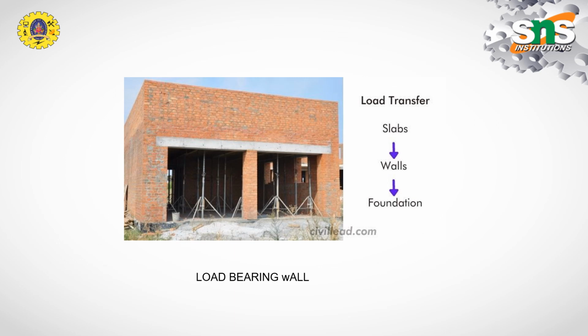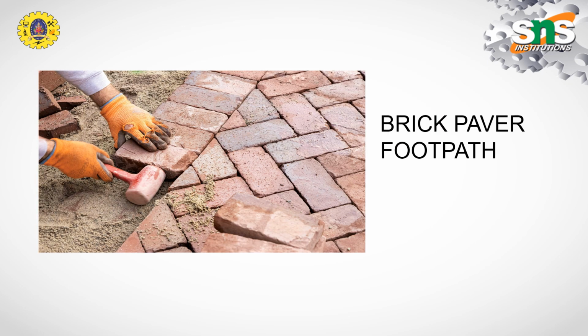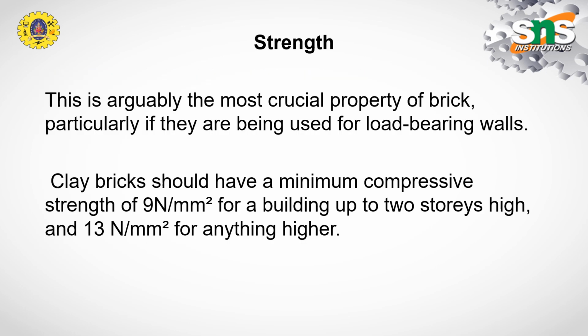So this is the load bearing wall we talked about, and these are the pillars and the industrial foundations. This kind of brick foundation is being used in some kinds of buildings. And this I told about the use for the footpath or as a paver block. It is being used nowadays for flooring also.